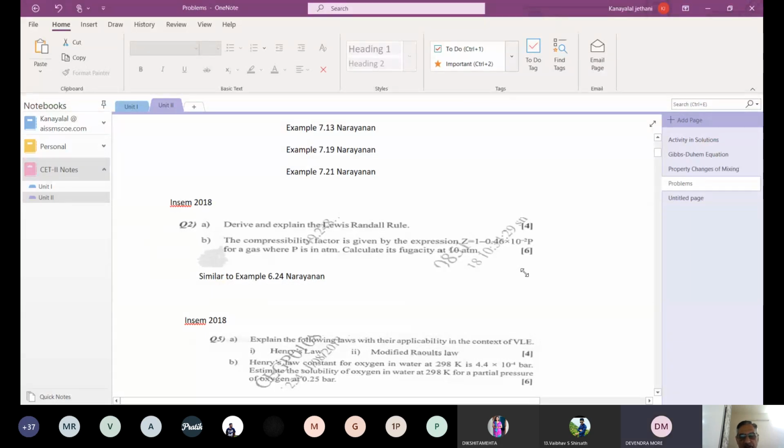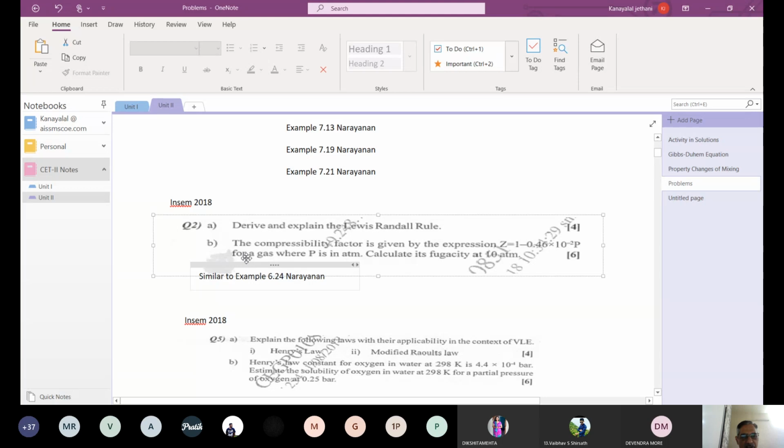Yes, sir. So if you see this part B, first, part A is derive and explain Lewis Randall rule.